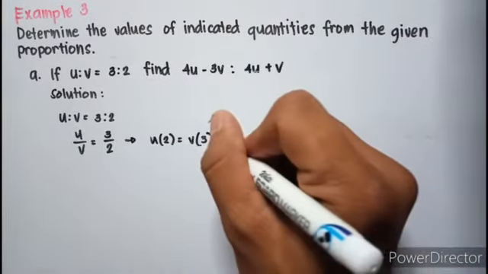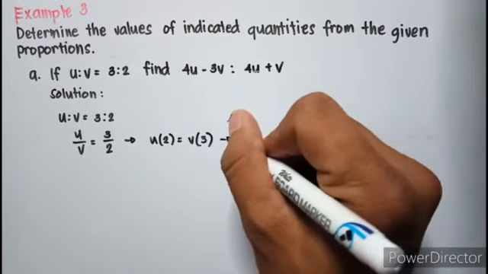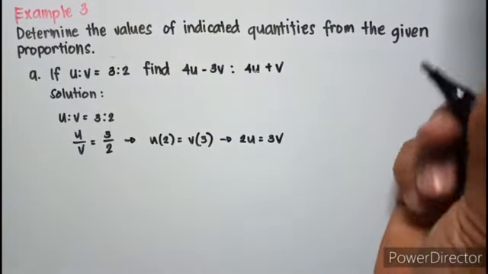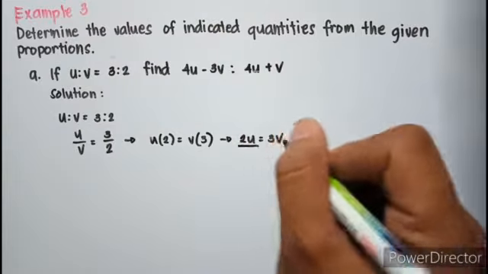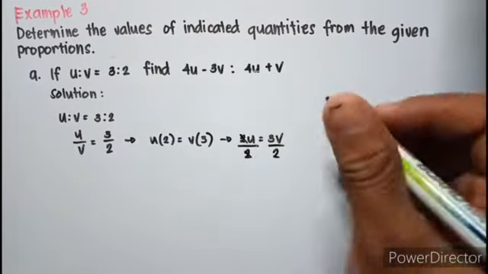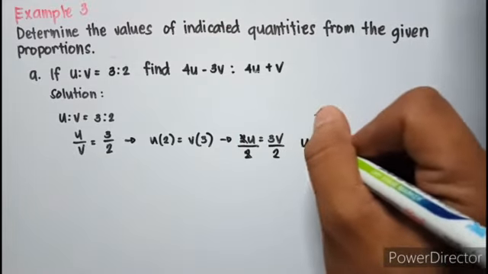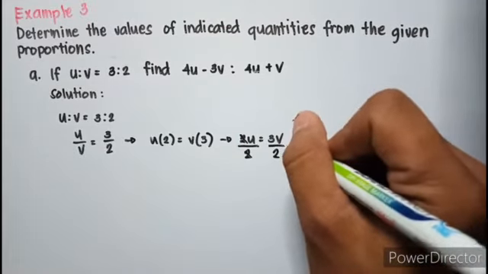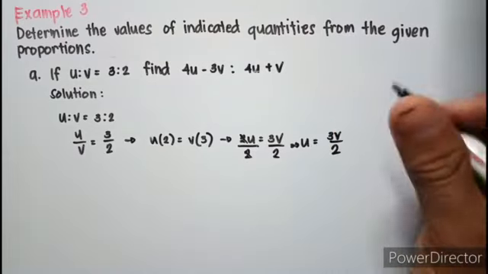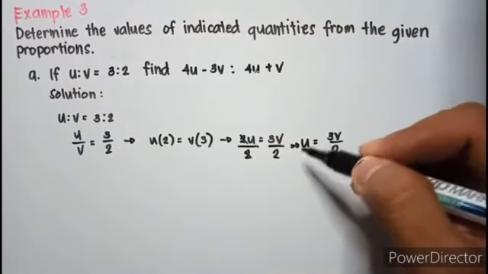So this is equal to 2U is equal to 3V. Then let's divide both sides by 2 for us to solve for the value of U. So U is equal to 3V over 2.